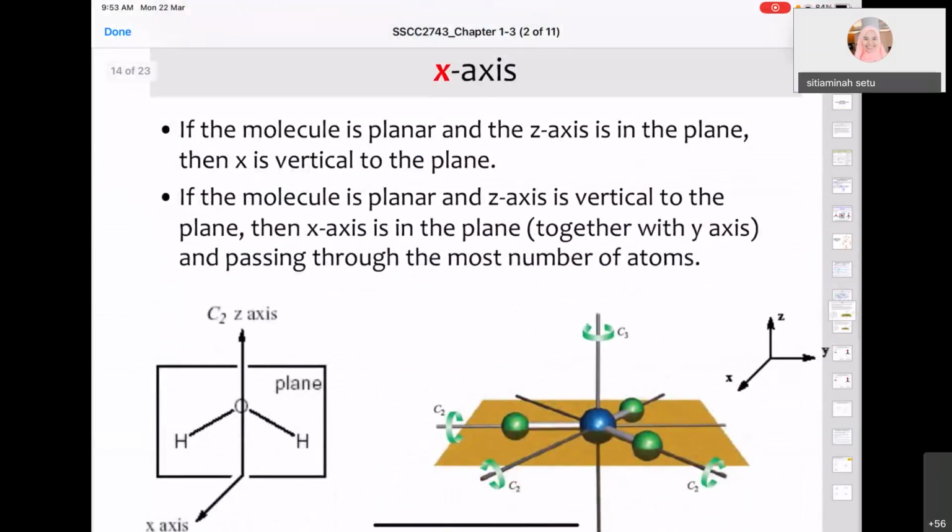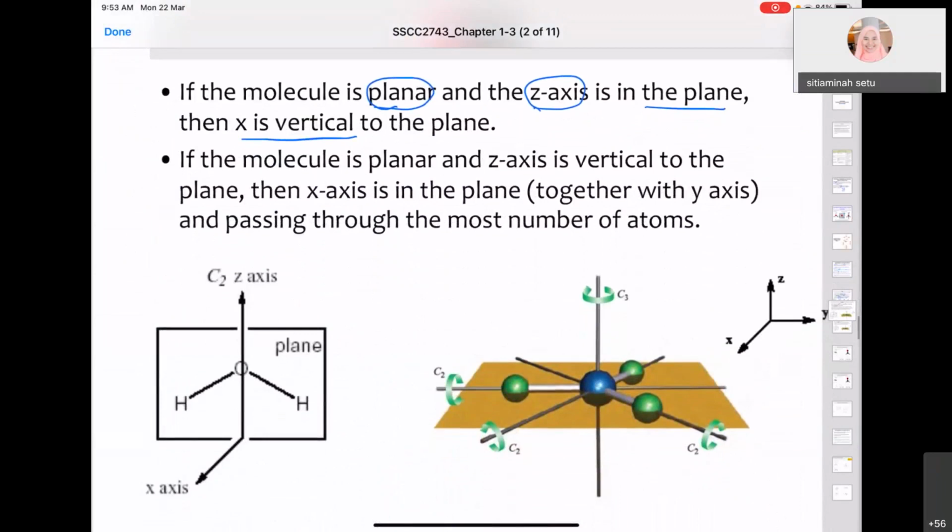Now let's determine the X axis. Okay, X axis. Okay, if the molecule is planar, okay, the Z axis is in the plane, so the X is vertical to the plane. Okay, contohnya kalau kita tengok water, okay, Z ni kita kena tentukan dahulu, so dia ikut axis of rotation. And then kalau molekul itu dia dekat plane, okay, this is the plane of the molecule.